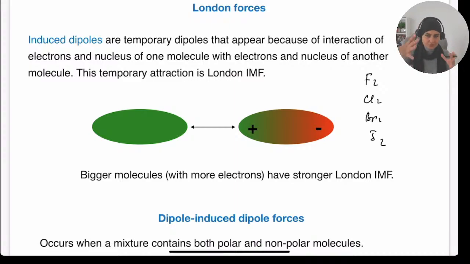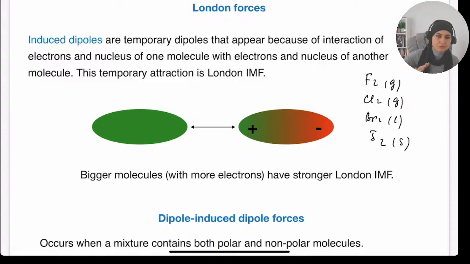And London forces increase, which means that more and more energy would be needed to break those London forces apart, which means that boiling and melting point would increase, and that is reflected in their standard states at room temperature. Fluorine is gas, chlorine is gas, bromine is liquid, iodine is solid. So room temperature is enough to separate fluorine and chlorine molecules, to break those London forces, to make it a gas so that the molecules are so far apart.